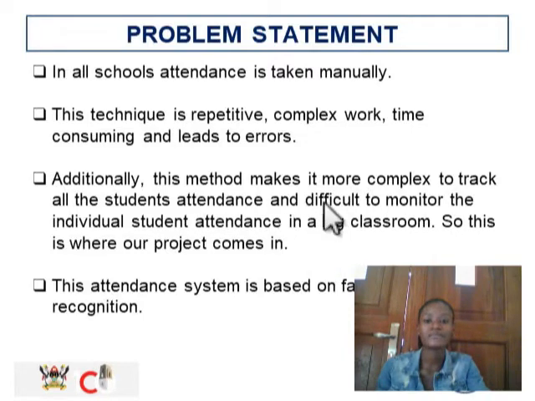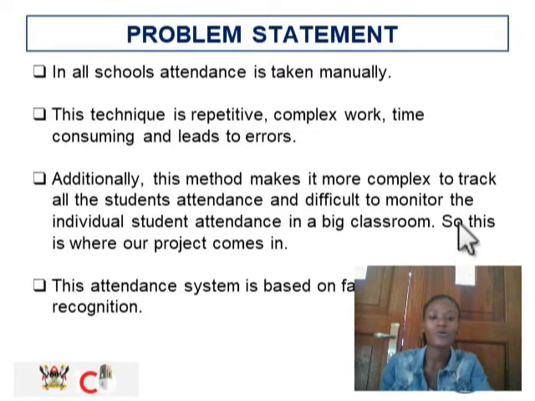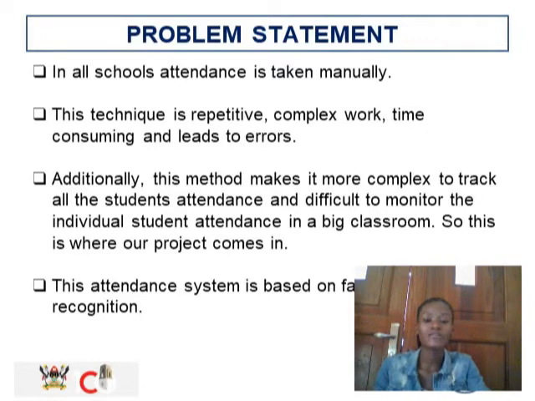Additionally, this method makes it more complex to track all the students' attendance and difficult to monitor the individual student attendance in a big classroom. Imagine it's a big hall and it comprises of students. How do you think the lecturer or the teacher is going to manage roll calling all the students correctly?